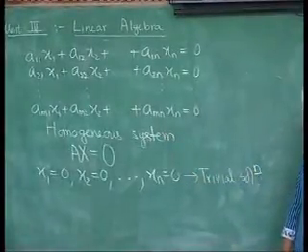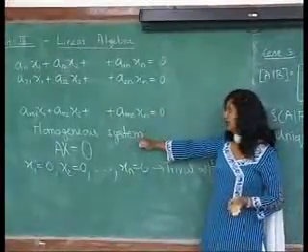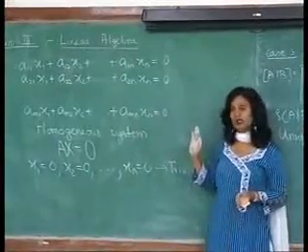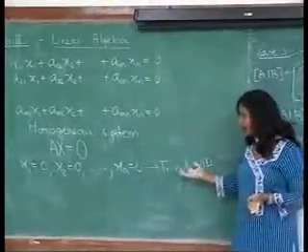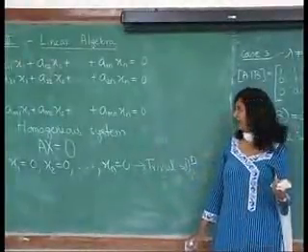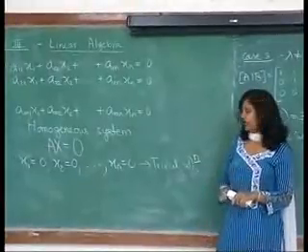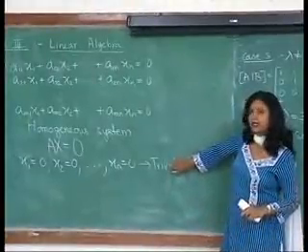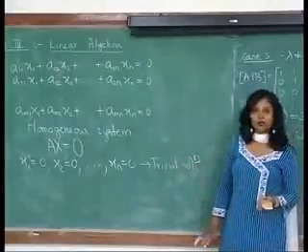So one thing is clear. For a homogeneous system, we never get the case that the system is inconsistent. It will never happen that this system does not have a solution, because the solution is always there. So for a homogeneous system, only two things can happen. It can have either only one solution, in which case it has to be the trivial solution, or it will have infinitely many solutions.